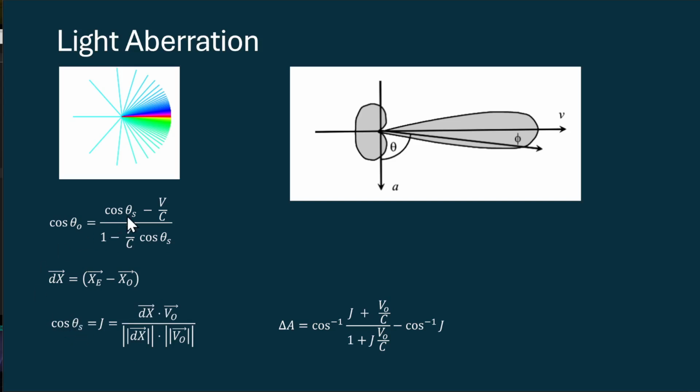And that gives you this cosine theta s term, the angle of the source. And the change in the angle is the arc cosine of this, basically. So J is this cosine theta term, and the velocity of the emitter, minus the arc cosine of J. And that gives you the change in the angle and how much is advanced.